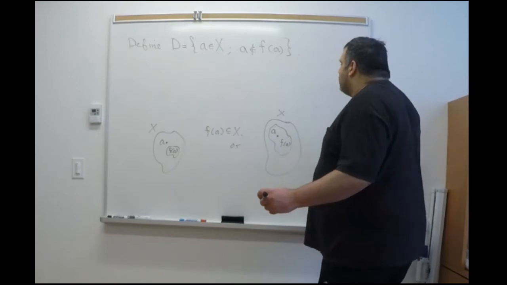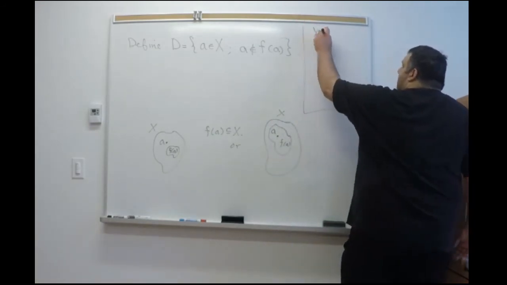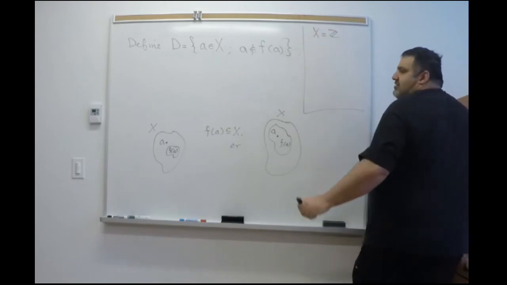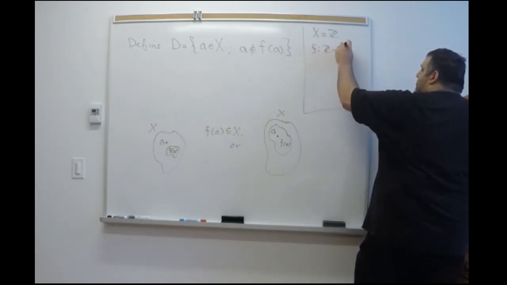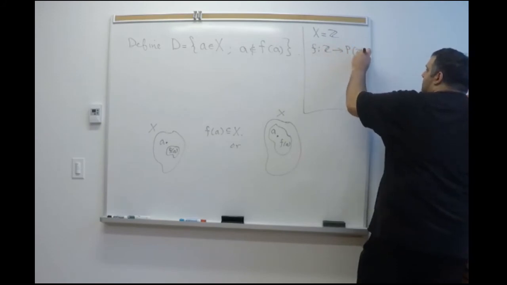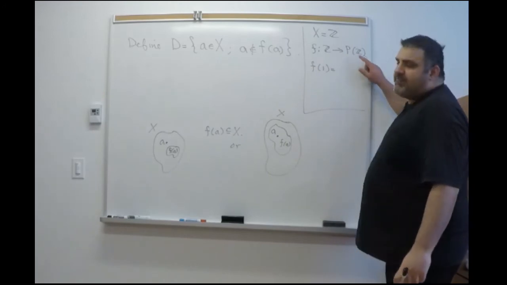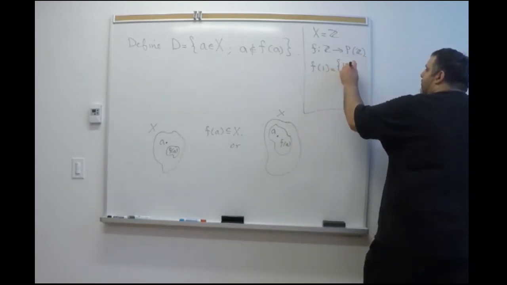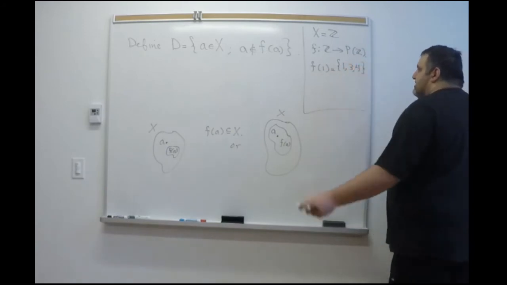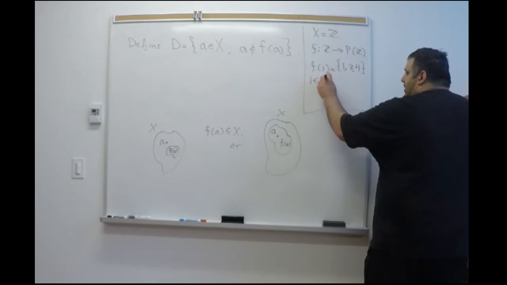So for example, just as a side note, if in your example X was Z, and f was going from Z to the power set of Z, then f of 1 would be a subset of Z. Suppose for the sake of argument, f of 1 is {1, 3, 4}. Then 1 is an element of f of 1.